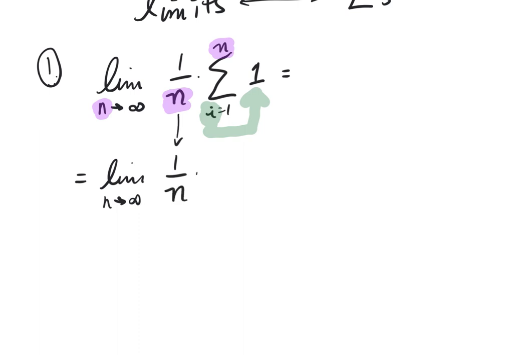And finally, we replace the summation from i equals 1 to n of a constant with what it's equal to. All of this is one of the shortcuts that we just talked about on the previous video. It's a summation from i equals 1 to n of a constant 1.